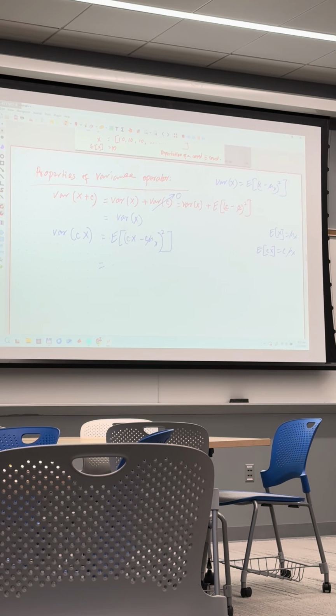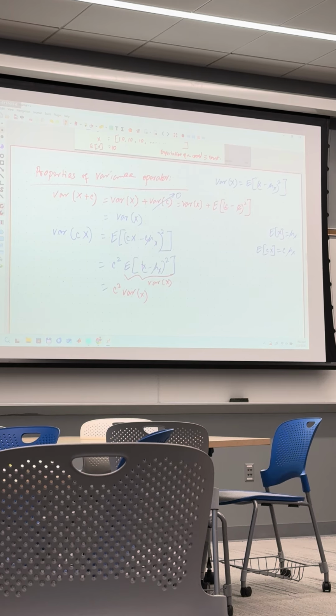You can bring this c squared out of this expectation. So you are left with expectation of x minus mu sub x squared, which by definition is variance of x. So you are left with c squared times variance of x.